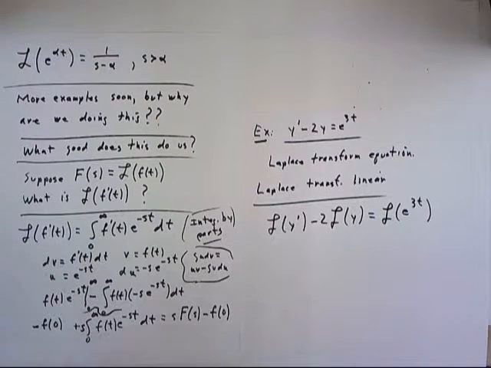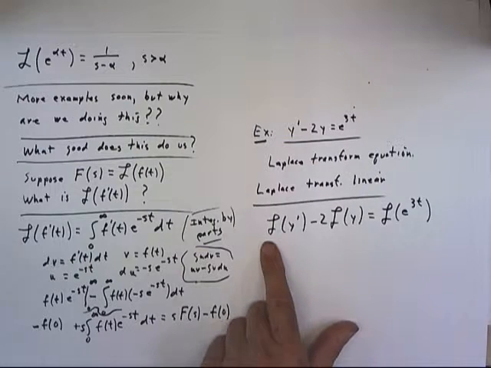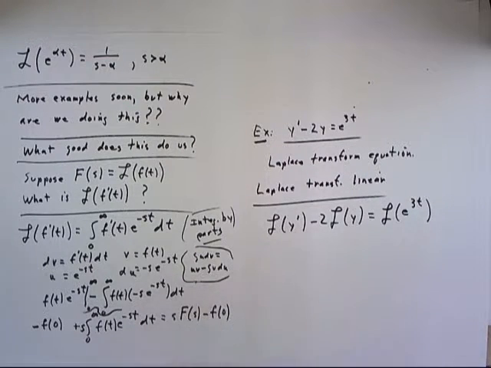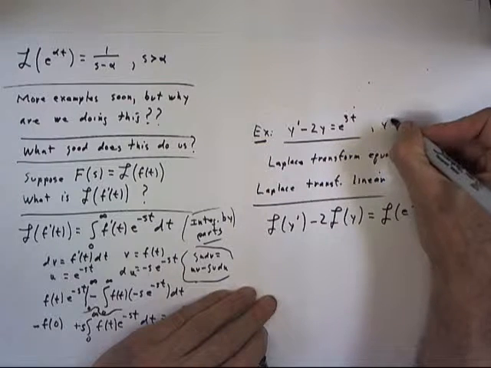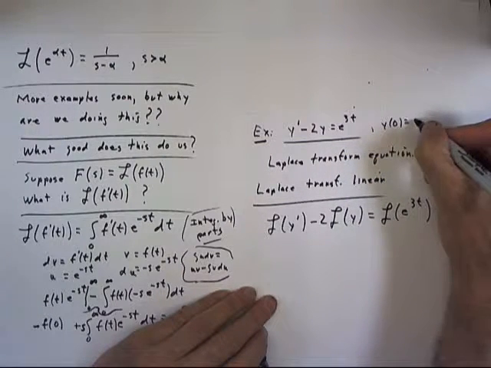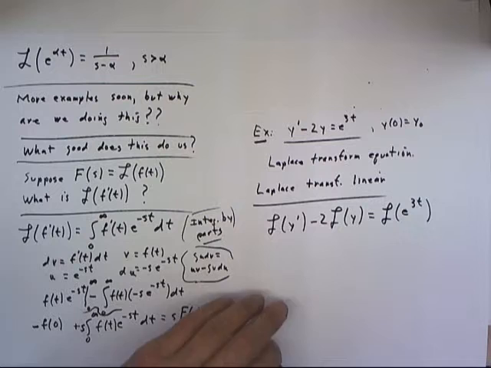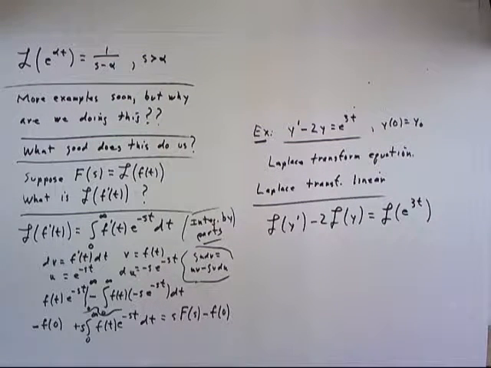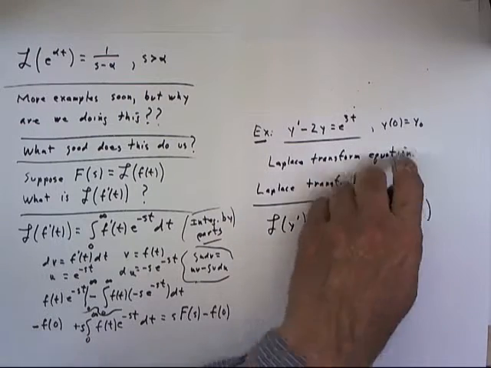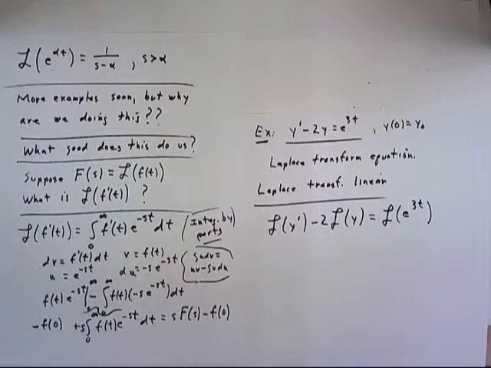Or maybe you do. Maybe you've seen ahead already. Okay. Well, anyhow, this Laplace transform of y prime. Now let's go ahead and put some kind of an initial condition here. Let's say y of 0 equals y0, and we could put a different initial condition on it. That's not really a problem, but easiest if we use initial condition at 0.